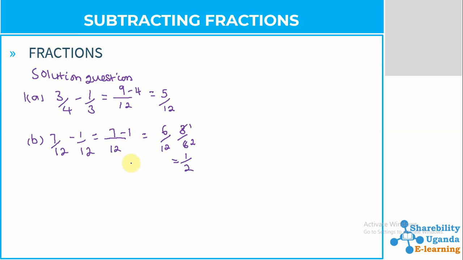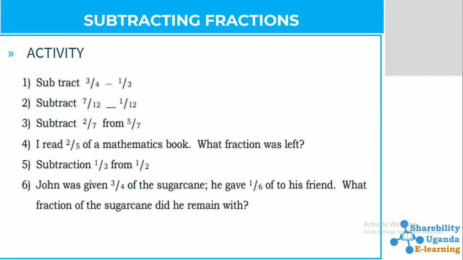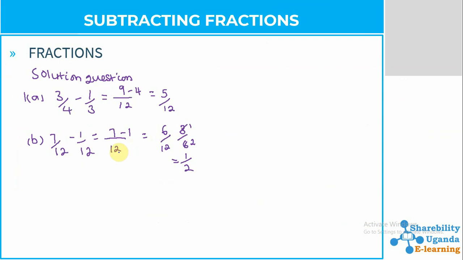Then we look at our part C, number 3, which is 2 out of 7 from 5 out of 7. Remember them according to letters. Here they were talking about the word from.